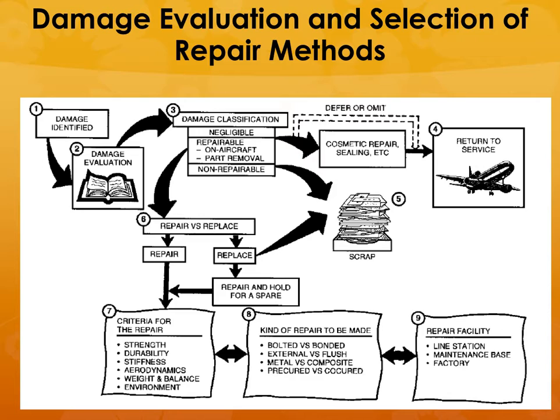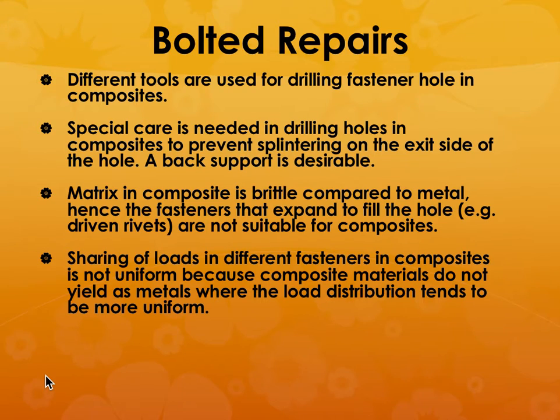So this is a schematic of the process for repair. It's pretty straightforward. So what is a bolted repair? A bolted repair is you take a patch or you take a plate and then you bolt it onto the underlying substrate.